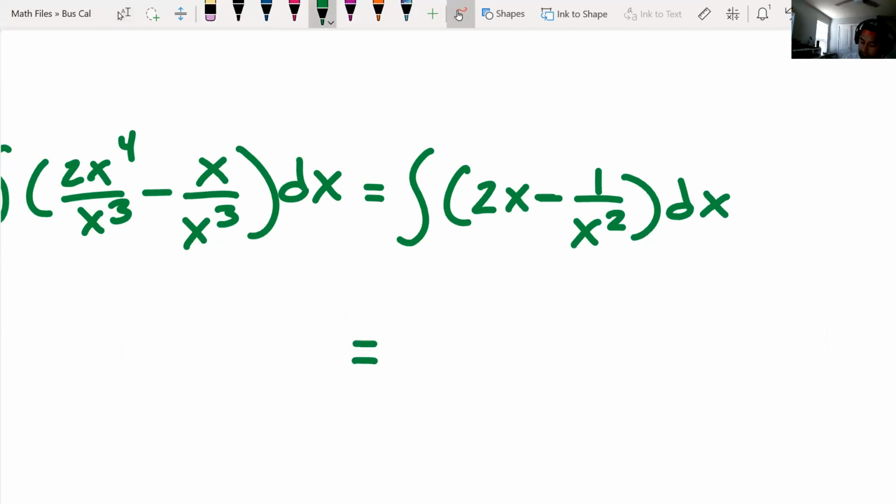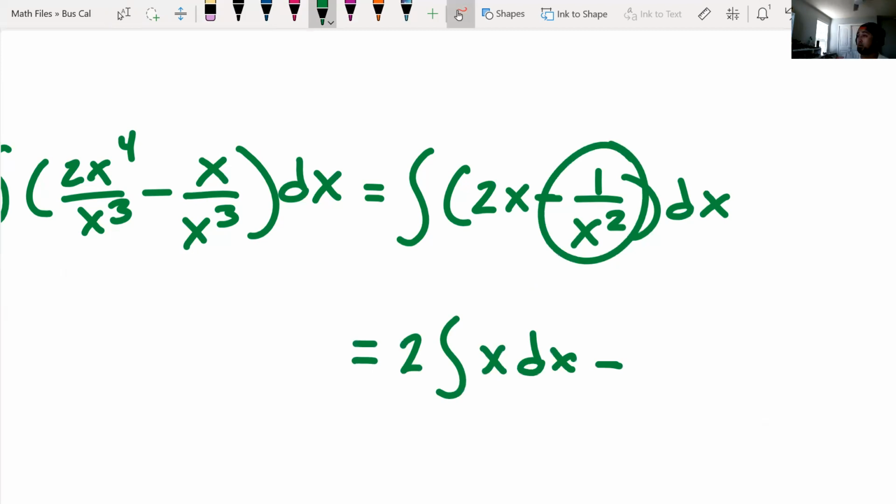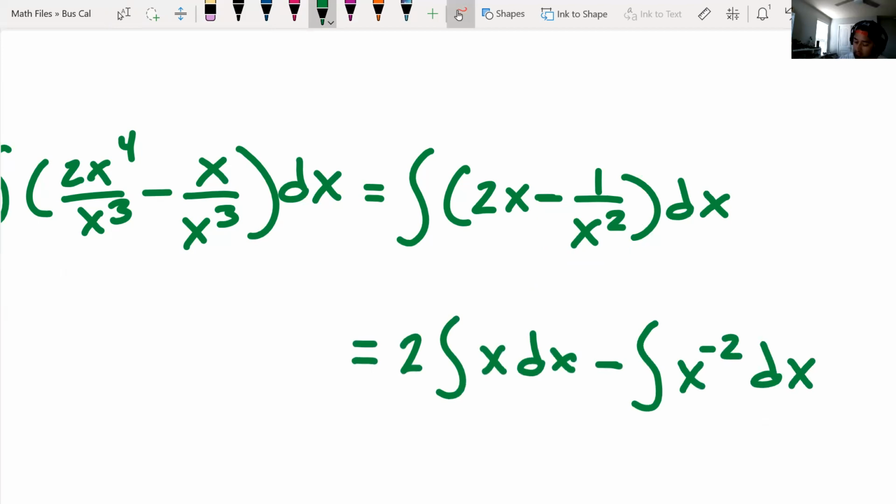And for the first one, for 2x, I'm going to take that 2 out, and you'll have 2 times the integral of x dx minus, and then for the 1 over x squared, we're just going to flip it to the numerator. So you're going to get the integral of x to the -2 dx.